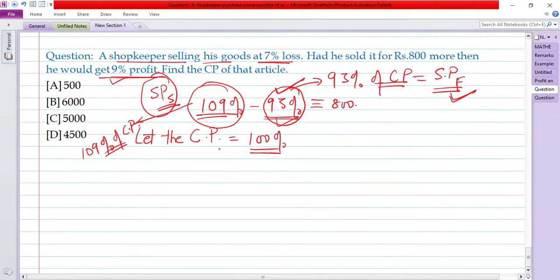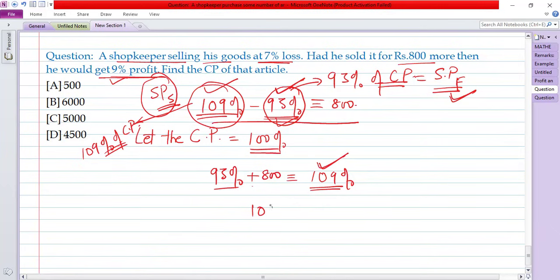Obviously, the first selling price plus 800 more, means if he had sold it for rupees 800 more, then surely he would have got 109%. So 109% minus 93% is equivalent to rupees 800.